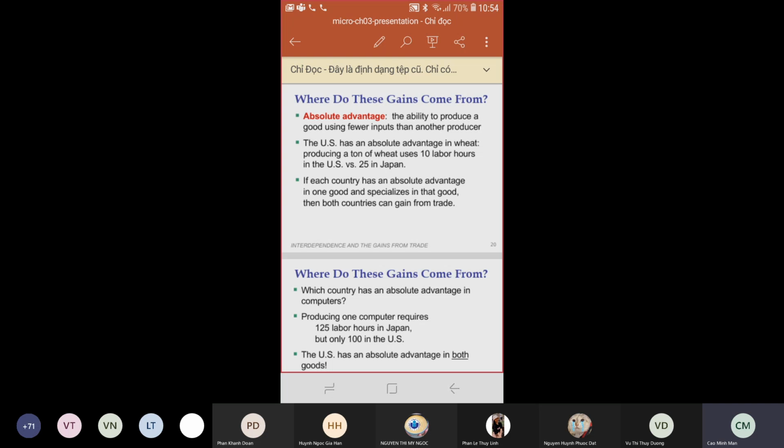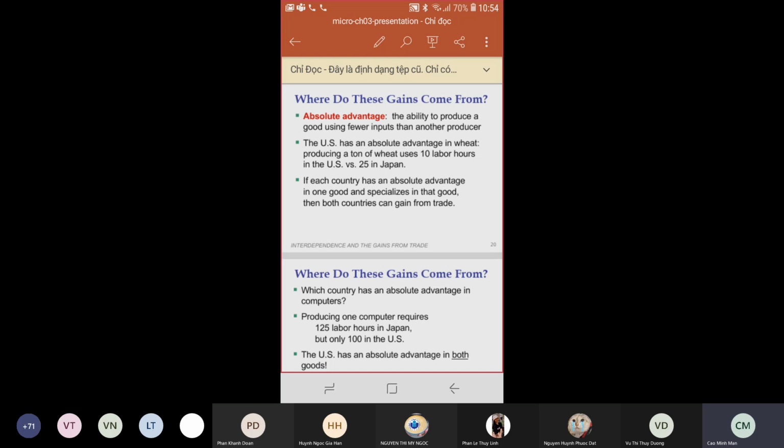If a country can produce products with a low cost in comparison with another country, we would say, hey, this country has absolute advantage in producing these products in comparison with another country.